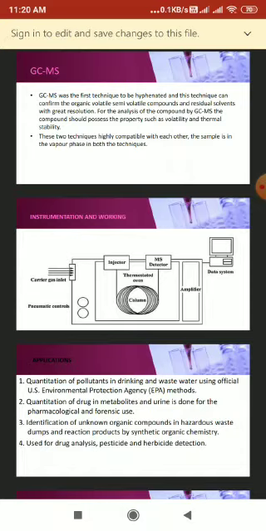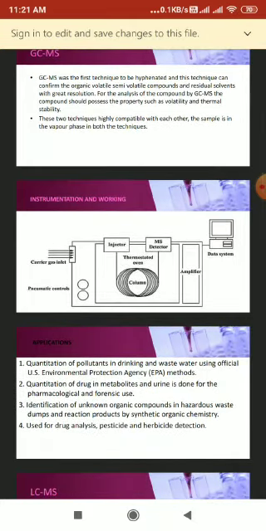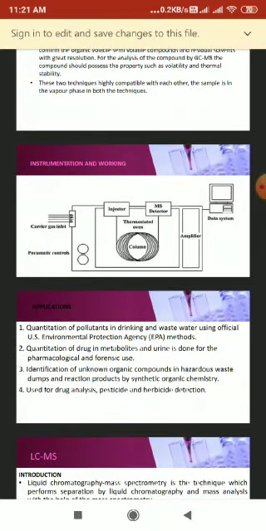The separation of the analyte also depends on the column's dimensions, meaning length, diameter, film thickness, then type of carrier gas, column temperature, gradient, and the properties of the stationary phase.